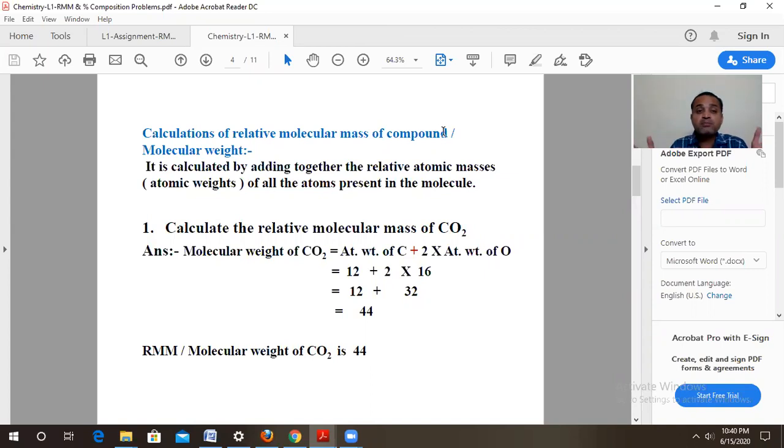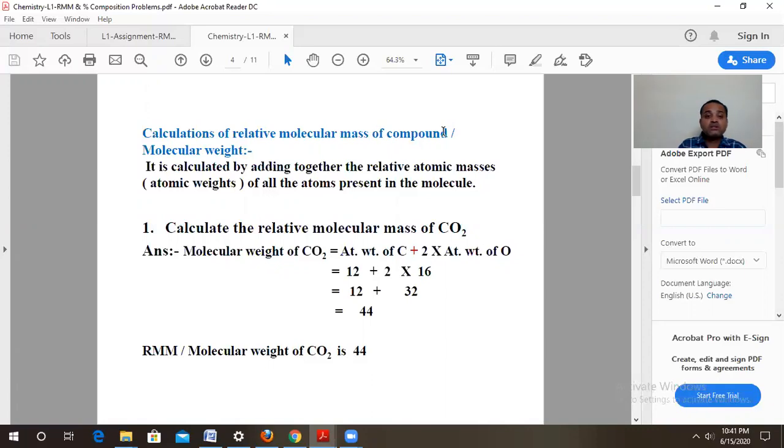We are just going to simply add together the relative atomic masses of all the atoms present in that one molecule, and that is going to give us the total relative molecular mass for that compound or molecule.